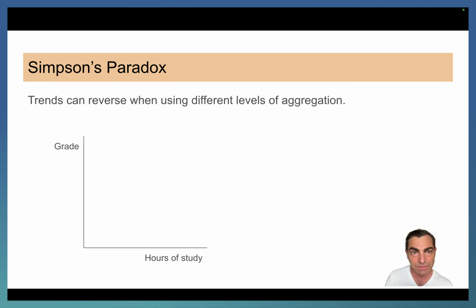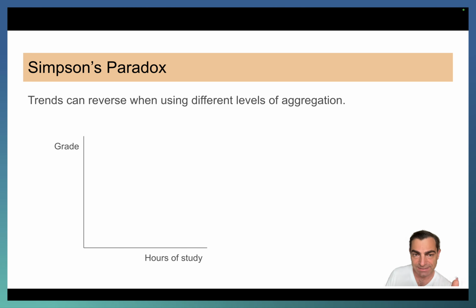A specific effect of reversing trends at different levels of aggregation is what is called Simpson's paradox. So let me give you an example of how Simpson's paradox can happen. I will use a fictional scenario. Let's say that we gather data about students and how many hours they study for two different types of courses, an easy course and a hard course.